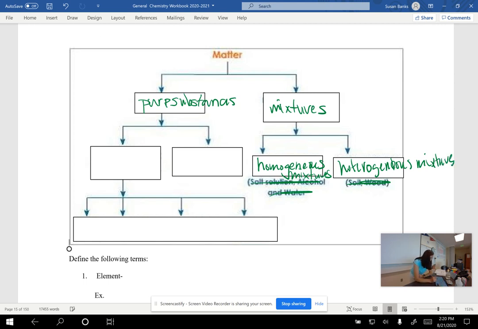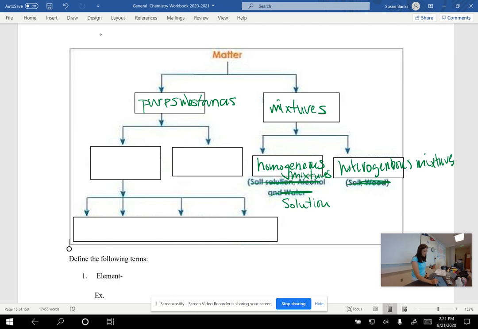Okay, homogeneous are salt solutions. Solutions and homogeneous mixtures mean the same thing. It means it's uniform throughout. That would be like sugar water. That would be like saline solution. Every part of that material is the same as every other part of that material.